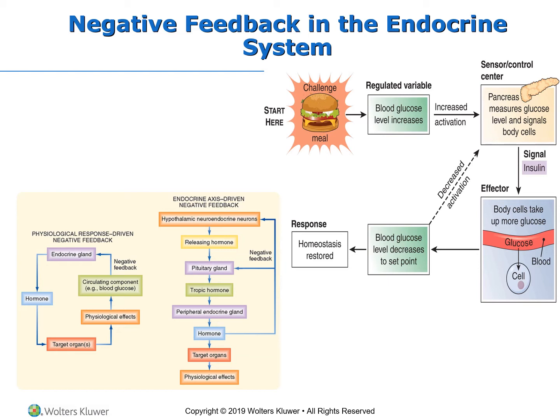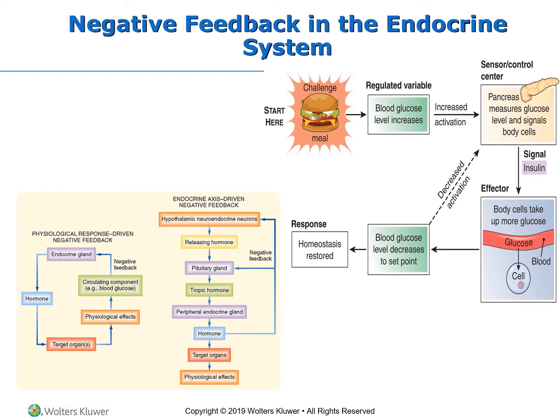Now, insulin is a hormone that will go inside the bloodstream, and through the bloodstream will reach every single cell in our body. Remember that insulin is the facilitator, it will facilitate for the glucose to penetrate and get into the cells and be used by the cells. As a result, the blood glucose will decrease, usually to what is called the set point.